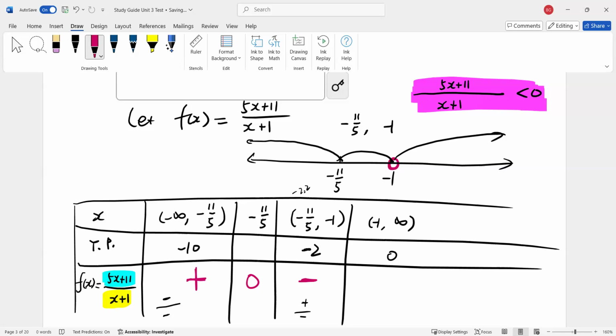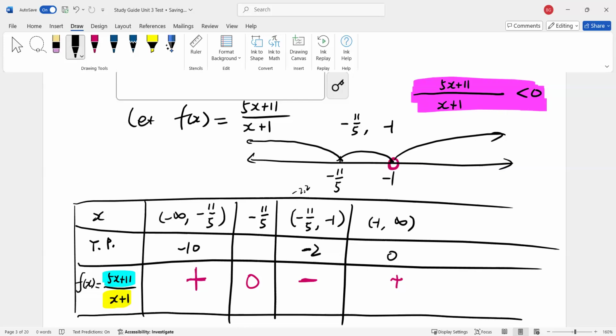The last interval, testing point 0: when we plug in, numerator blue positive, denominator yellow positive. Positive over positive is positive here, all right?